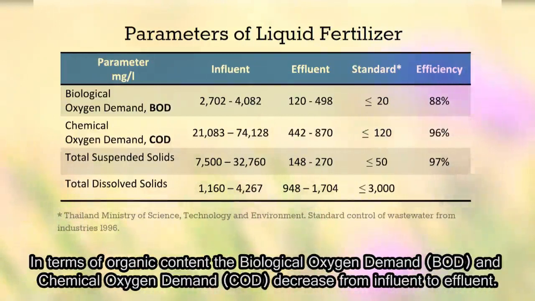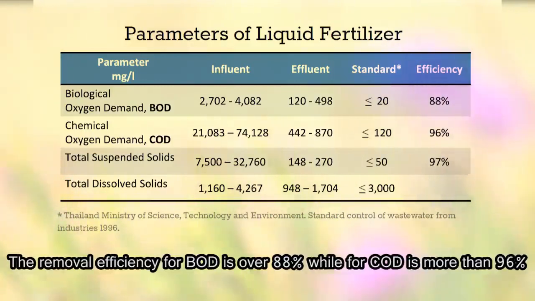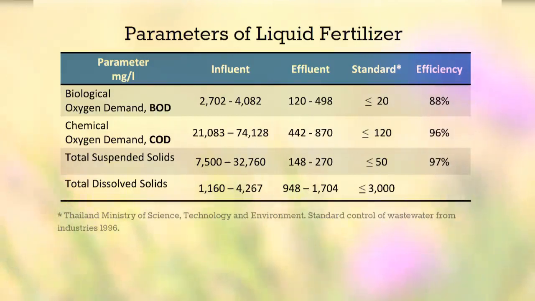In terms of organic content, the biological oxygen demand (BOD) and chemical oxygen demand (COD) decrease from influent to effluent. The removal efficiency for BOD is over 88%, while the COD is more than 96%.